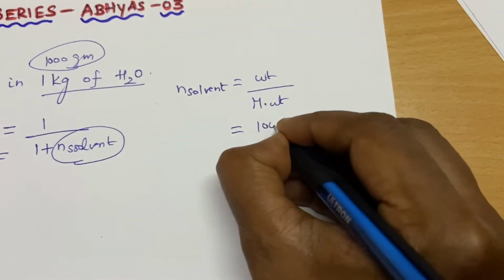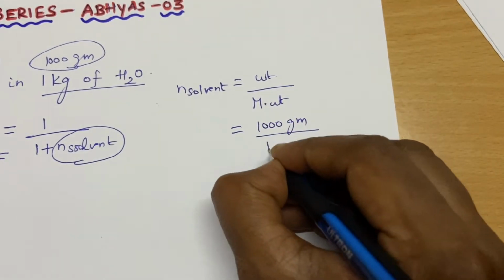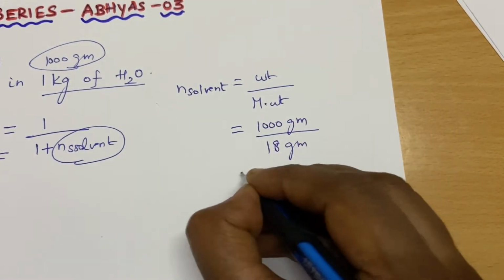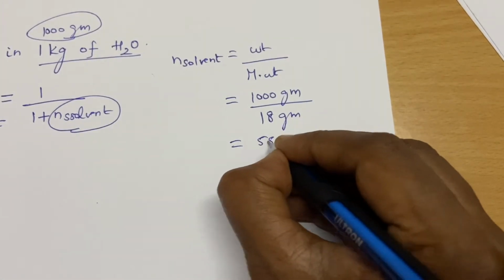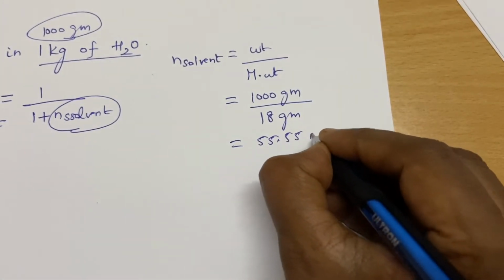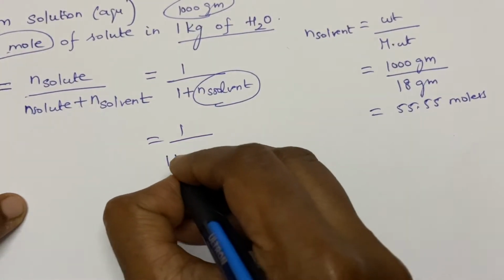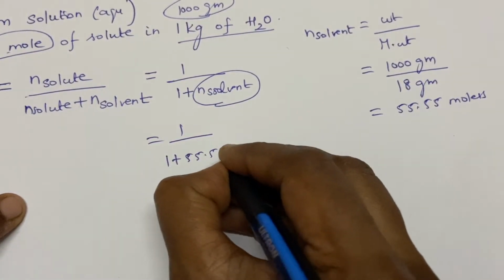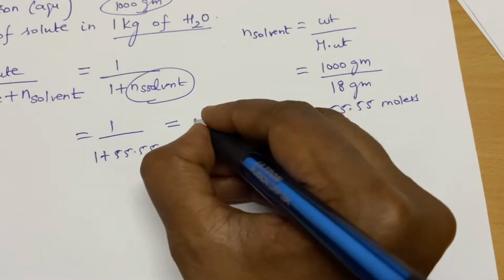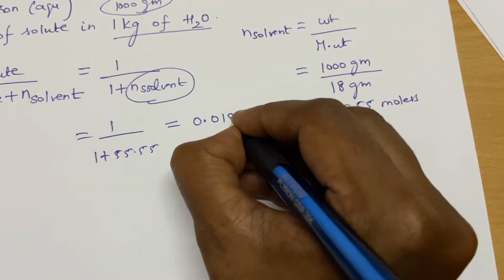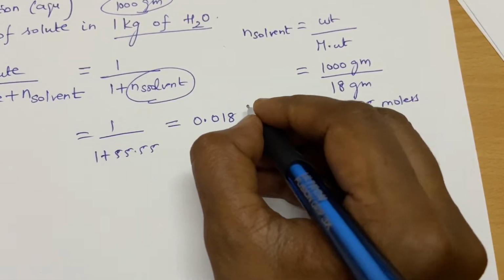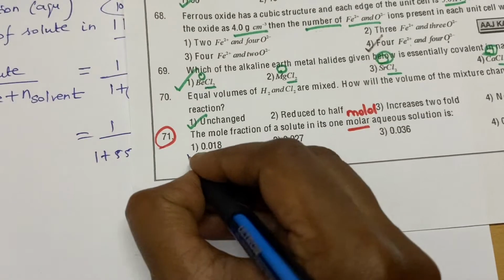The given weight is 1000 grams and the molecular weight of water is 18 grams. If you solve this, you will get 55.55 moles. Substituting it here, you will get 0.018. That is the mole fraction of the solute.